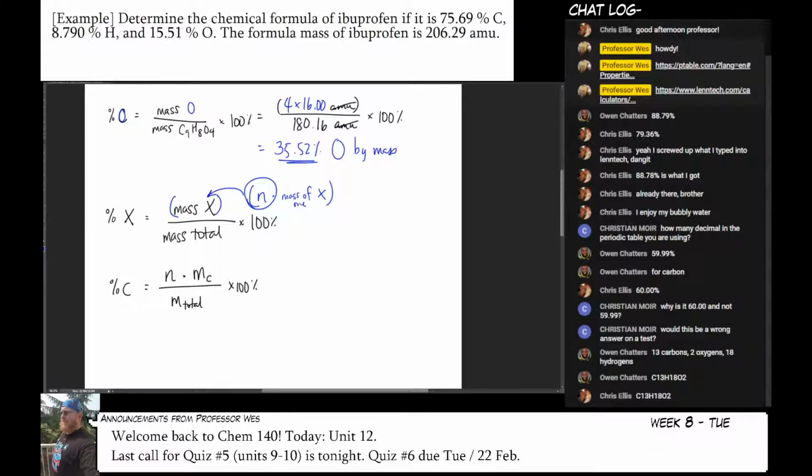If I solve for this variable, I know this: this is 75.69, just a number, and this is 12.011, also just a number.